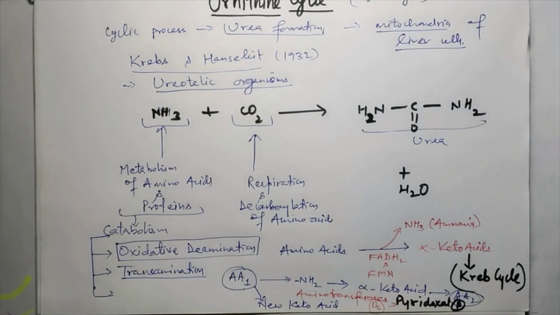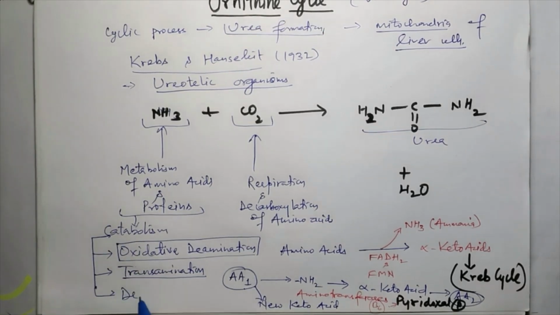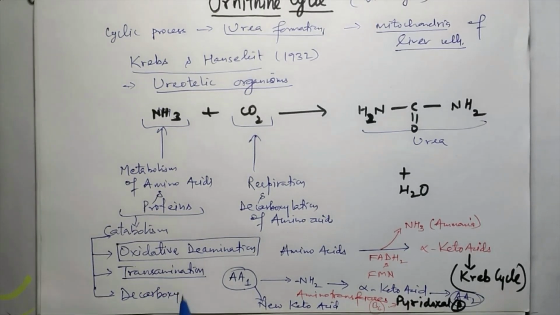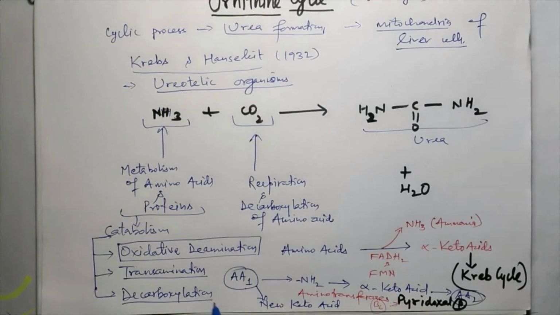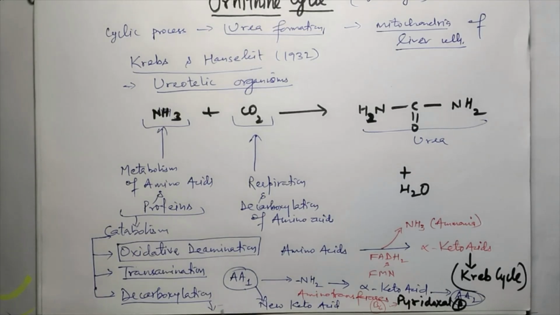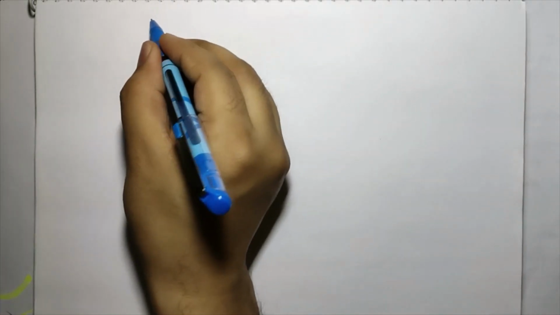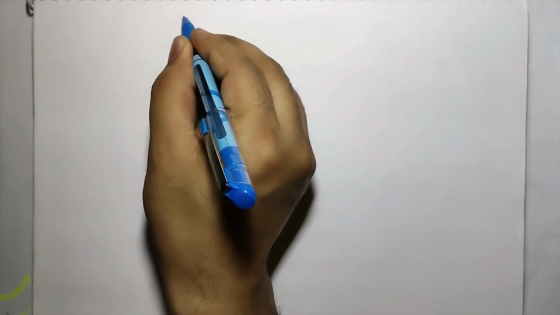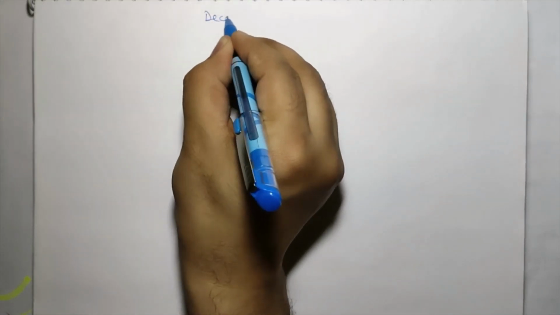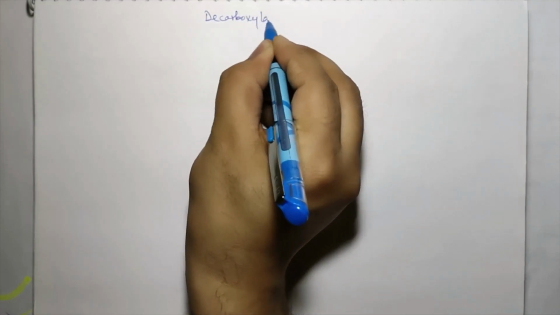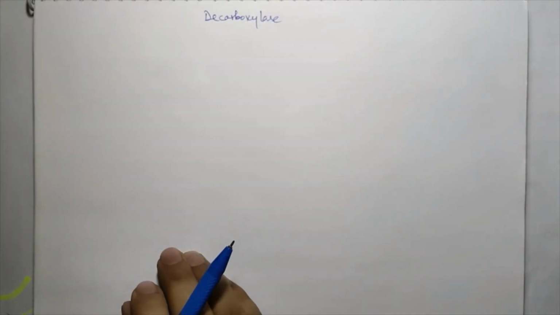The third type of catabolism of amino acids is decarboxylation. That involves the removal of carbon dioxide from the amino acid, and this is catalyzed by an enzyme called decarboxylase.